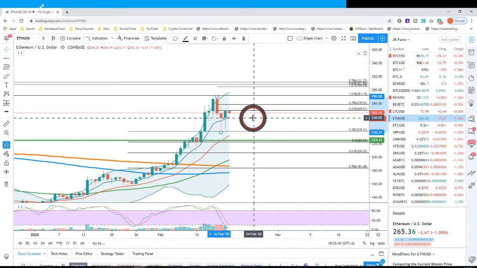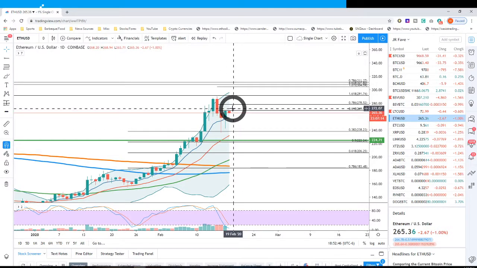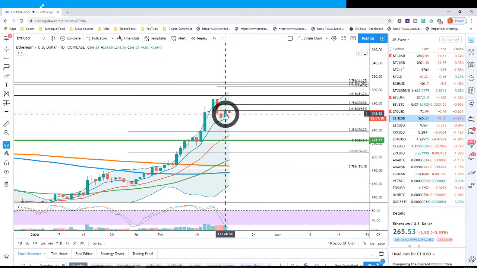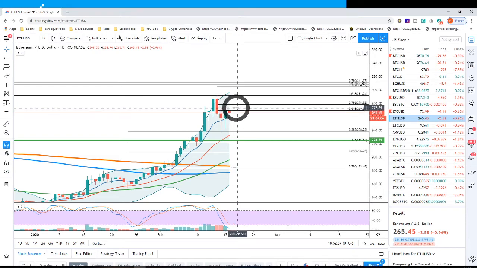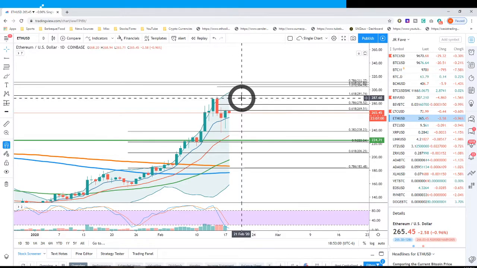All it's done was bounce from the 38.2 up to, guess what, the 61.8. So it's stalling right here at the 61.8. I would want to see it break that. If it can break this area, who knows? That might get the rest of the crypto market going, or at least be good for alts. Let's put it that way.